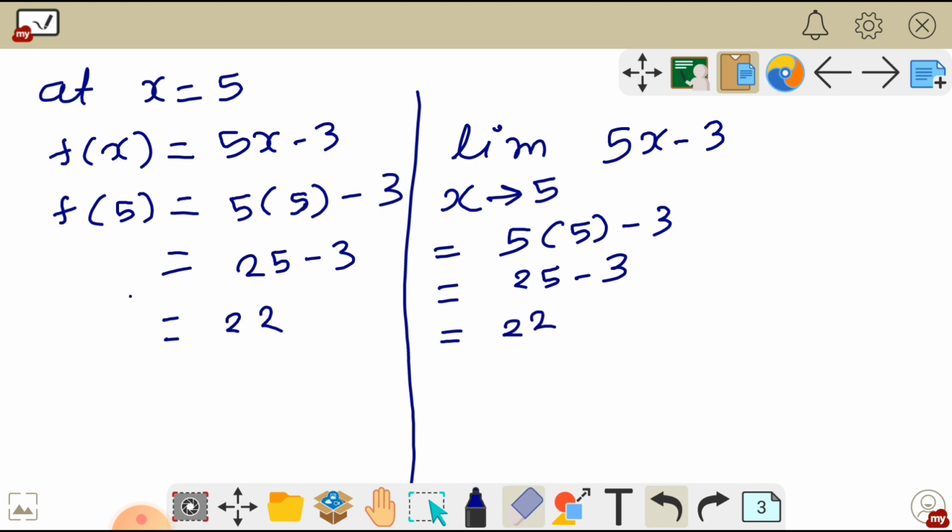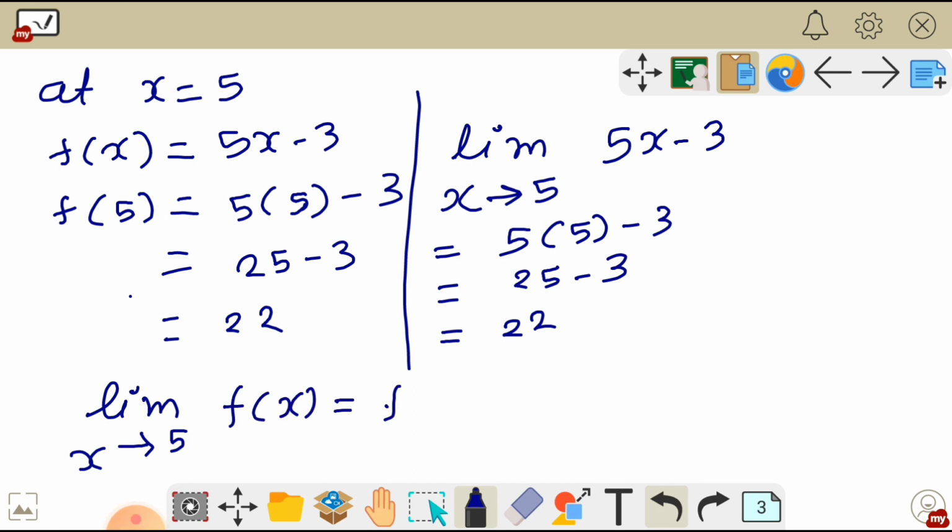So here also, the limit as x tends to 5 of f of x is equal to f of 5. So let me write it here.